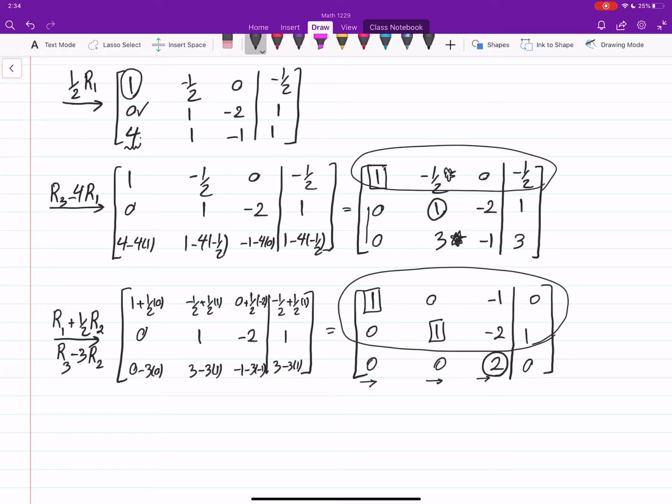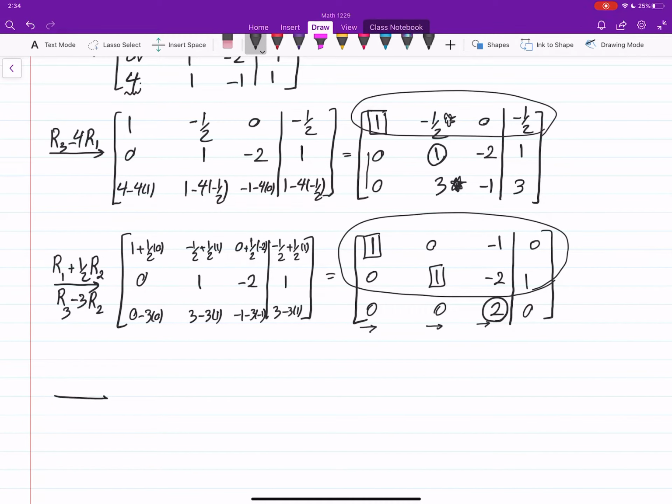So choose it, move it. I don't need to move it. Turn it to 1. I will turn it to 1 by multiplying the whole row 3 by its inverse. So it will be 1, 0, negative 1, 0, 0, 1, negative 2, 1, and 0, 0, well, 1, 0.